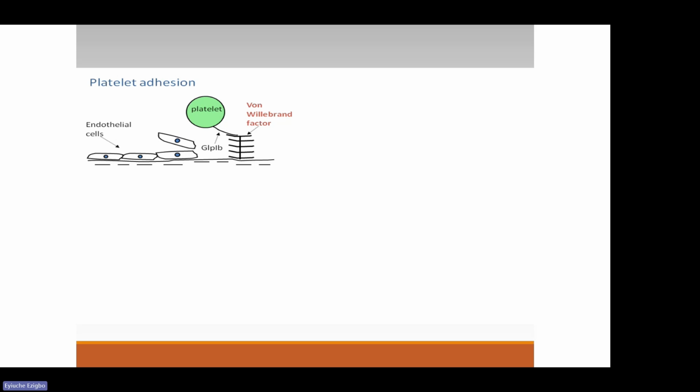We can see the von Willebrand factor linking to the platelets with the glycoprotein 1b receptors, or the platelets can also use glycoprotein 1a to link to the collagen in the subendothelium. We say that the subendothelium contains both the von Willebrand factor and the collagen. Either of these can happen.